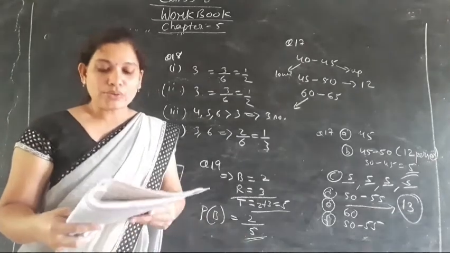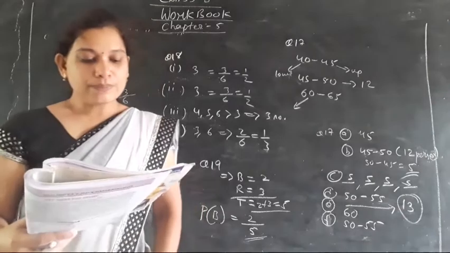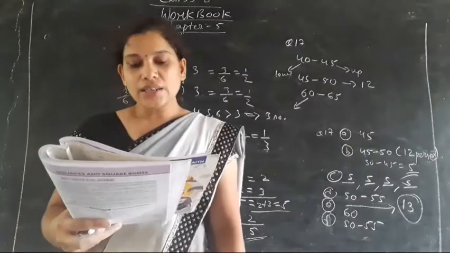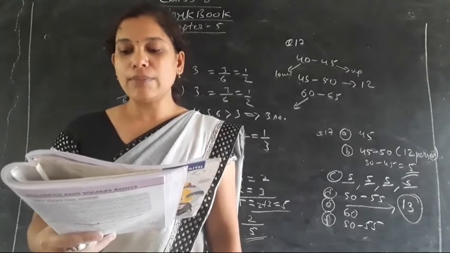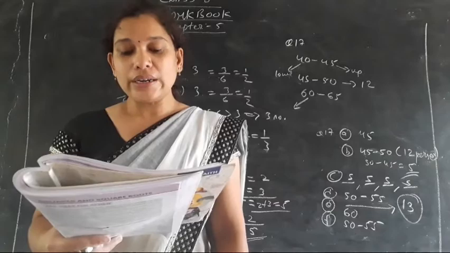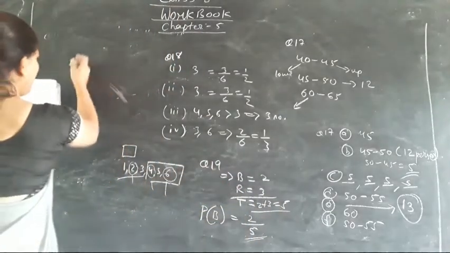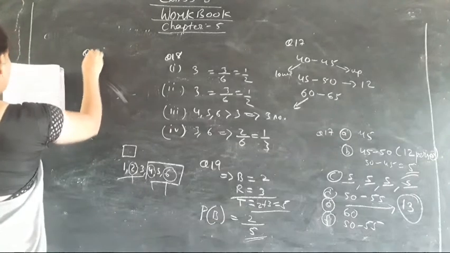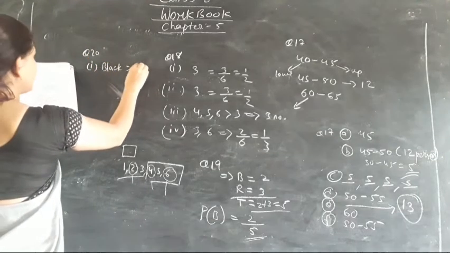Clear? Moving toward the last question of this chapter from your workbook, chapter number 5. A bag contains 5 red balls, 8 white balls, 4 green balls and 7 black balls. If one is drawn at random, write the probability. So dear student, here for question number 20, first, black balls we are having how many? 7.